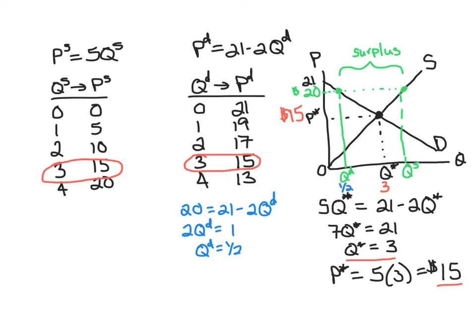If we plug $20 into our supply curve, we divide both sides by 5, and we get the quantity supplied when the price is $20 is 4 units. So over here in our graph, we can label that 4 units. So our surplus is equal to 4 units supplied minus half a unit demanded, so our surplus is 3.5. We have 3.5 too many units relative to what's being purchased.